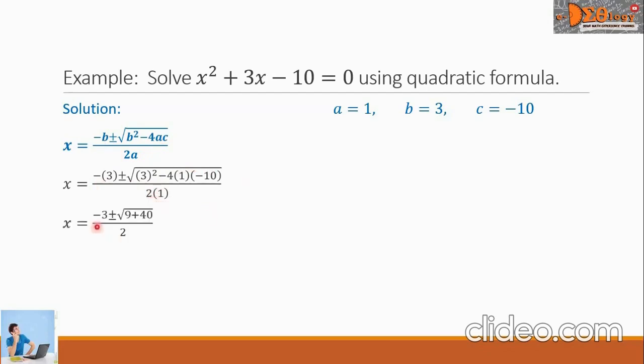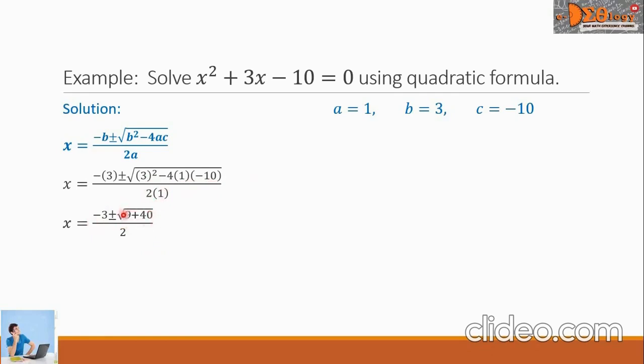Simplifying further, we have now negative 3 plus or minus the big square root of the 3 squared is now 9, and the product of negative 4 times 1 times negative 10 is positive 40. All over 2 times 1 is 2.